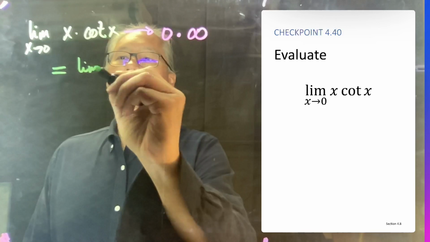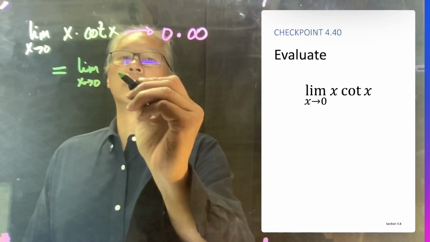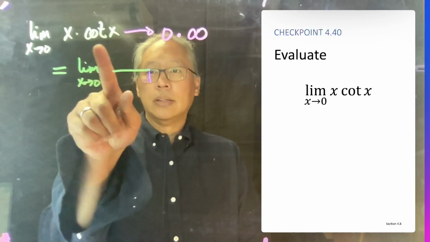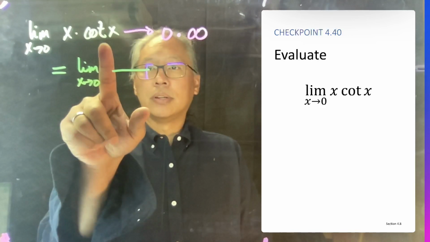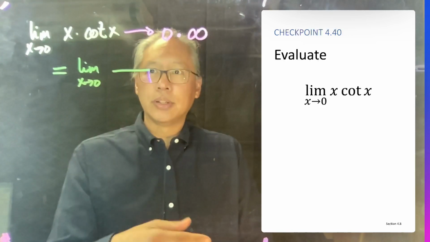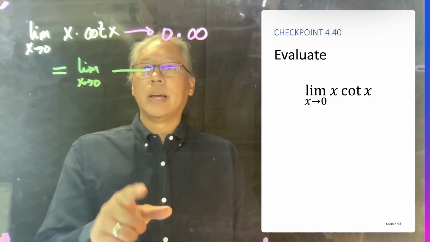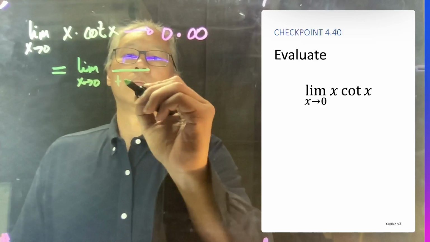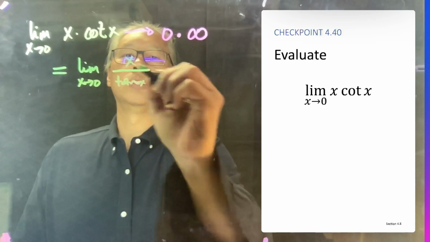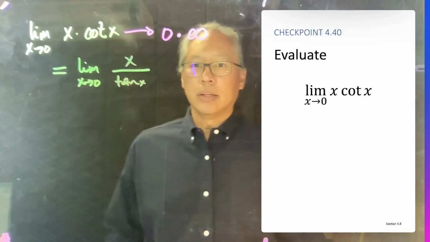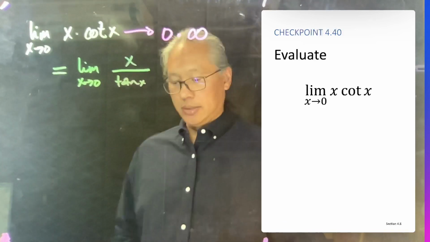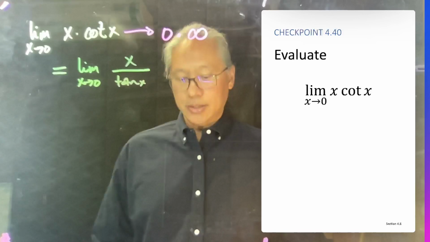We'll take the limit as x approaches 0, and the best thing to do to make this into a fraction is this: we have already referred to the cotangent as 1 over tangent. So if that's 1 over tangent, it would be a tangent in the denominator, and meanwhile, x would just be by itself up there. And so we can rewrite x times cotangent of x as x divided by the tangent of x.